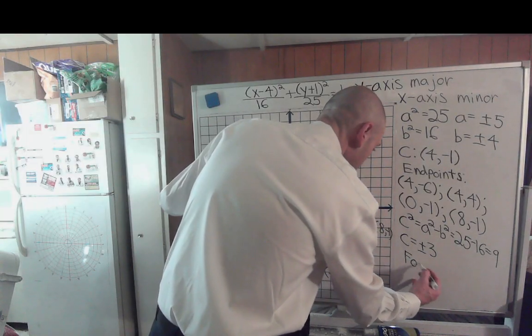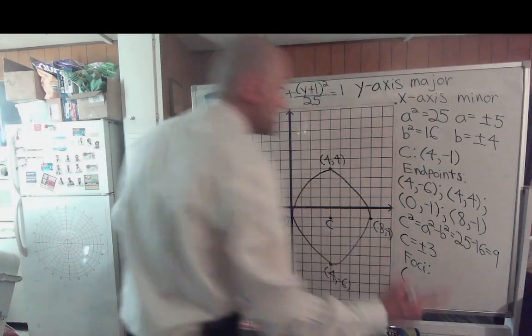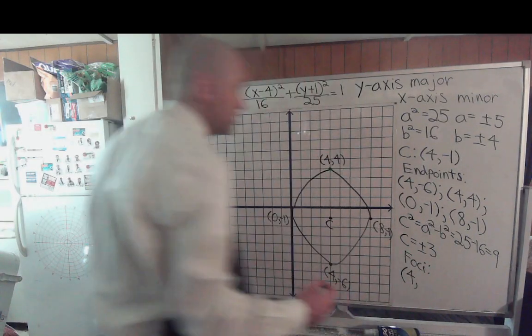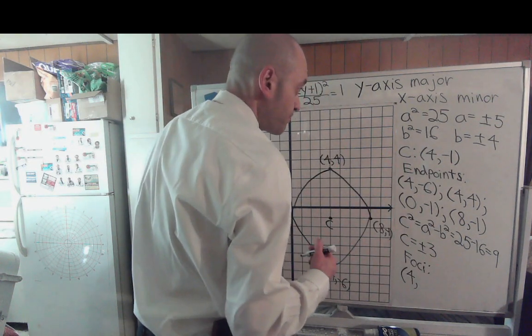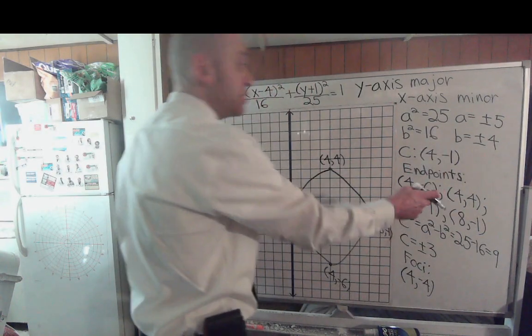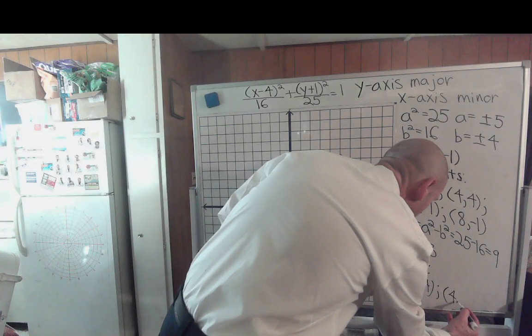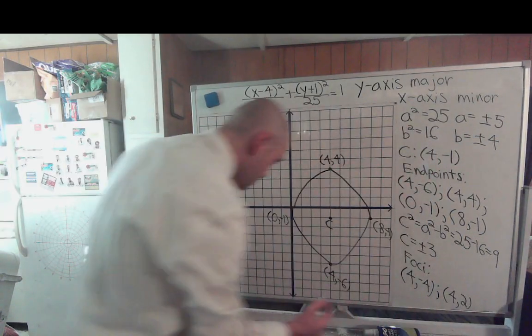So the foci, that's based again off of your major axis. In this case, it's the y-axis, so leave the x-coordinate of your center alone. Now take that negative 1 minus 3. You'll end up getting negative 4. Take that negative 1 plus 3, you'll get positive 2. So your foci are going to be at 4, negative 4, and then 4, positive 2.